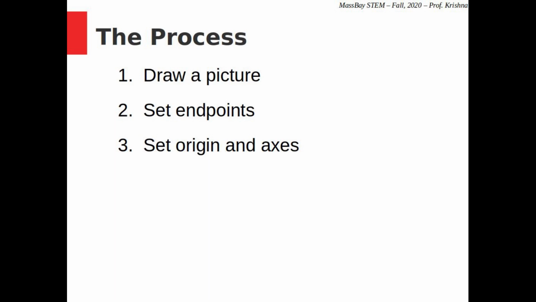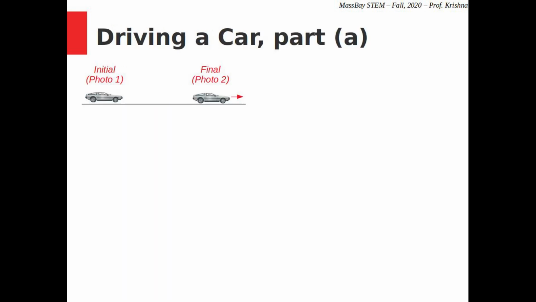Step 3 is to clearly set the origin and axes for the situation. This establishes where we are starting all the measurements from and which direction is positive. Now, the motion of the car doesn't depend on how you set your axes, so you could set your axes whichever way you want as long as you stay consistent.